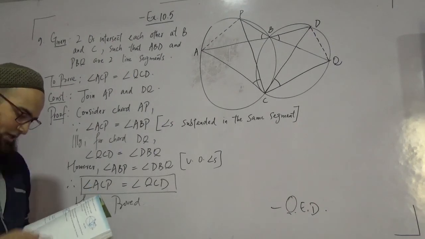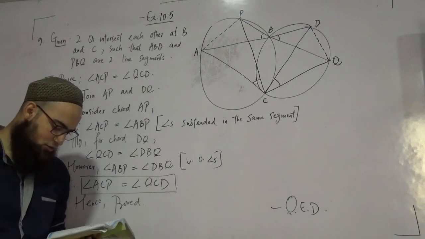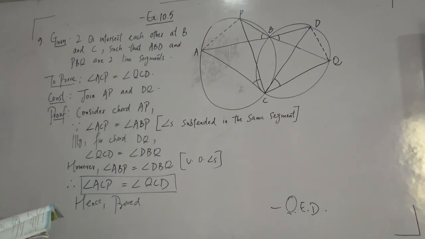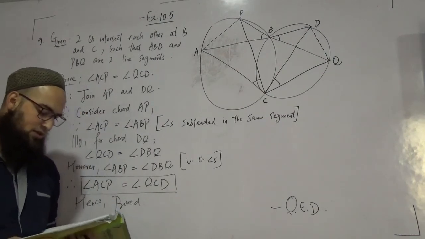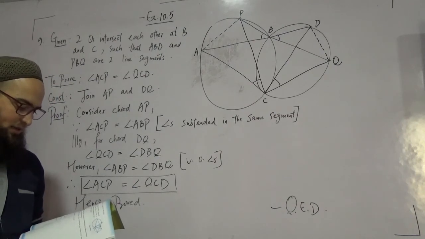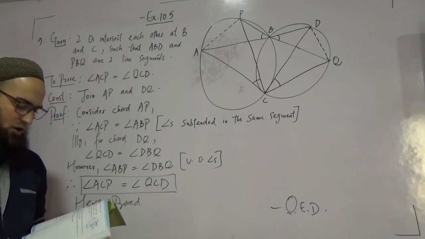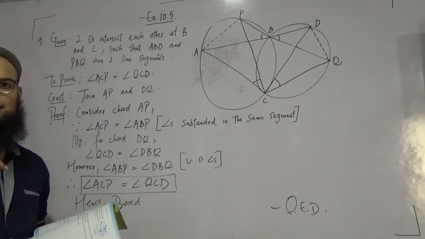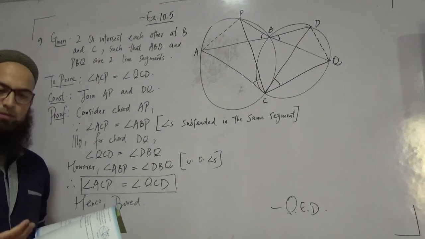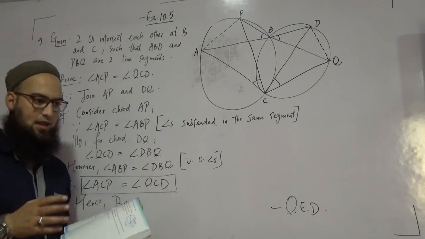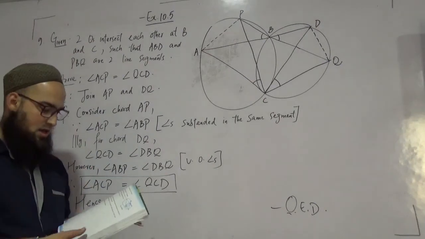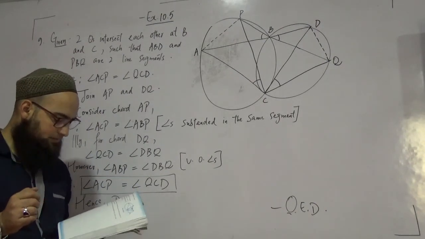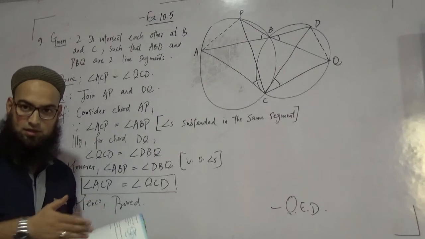Then you have question number 10. If circles are drawn taking two sides of a triangle as diameters, prove that the point of intersection of these circles lies on the third side. You can do it easily by construction, or you can use the rule of angles subtended in a semicircle. You can do it by the method of contradiction. Assume that the point of intersection does not lie on the third side.